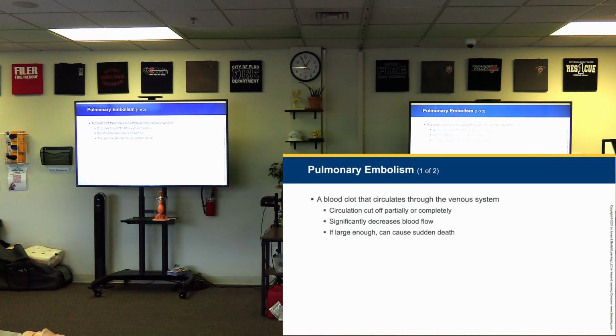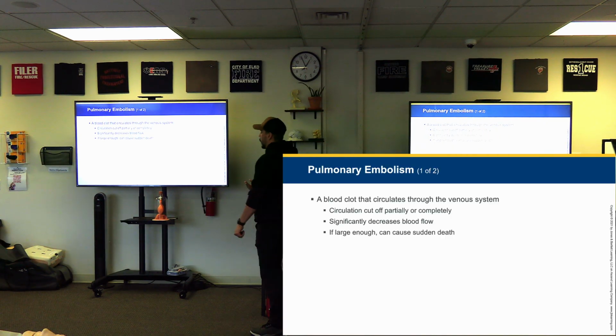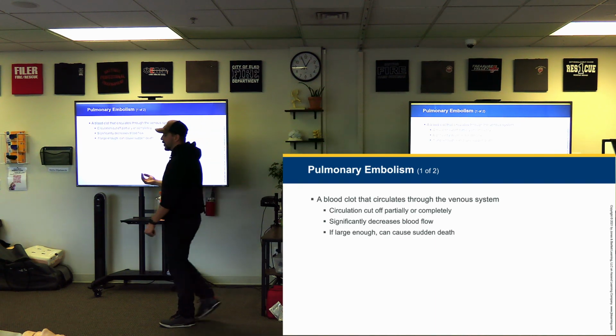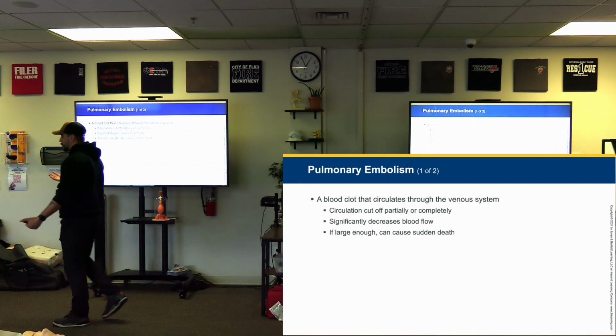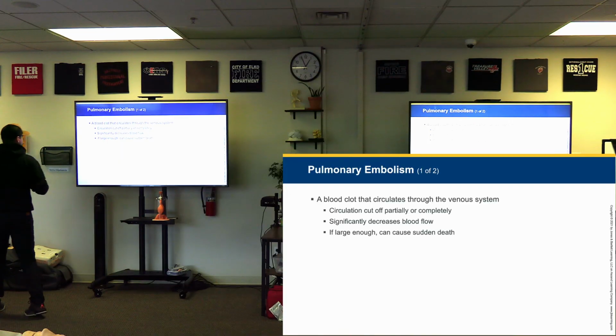But when we talk about a pulmonary embolism, this clot has now landed in the lung, which is going to essentially drop a log over the river of blood flow, right? We're going to dam up that blood flow. Well, if we have no blood moving forward, it's not getting oxygenated, okay? If it's not getting oxygenated, that's not really helpful or useful for our body when it comes to perfusion.